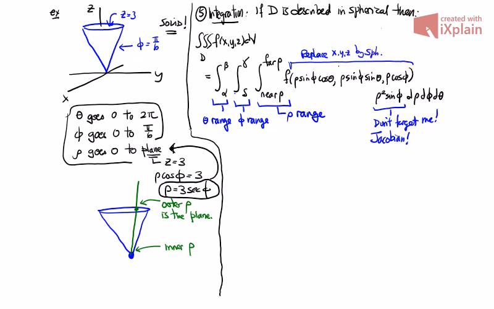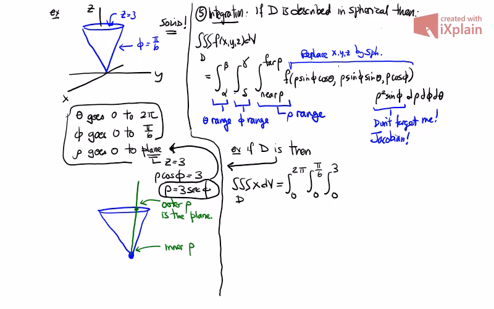We just end with a really simple example. For example, if D is this cone over here, suppose we were integrating x dV. All that would happen is I would dump all those values in: 0 to 2 pi, 0 to pi over 6, 0 to 3 secant phi.